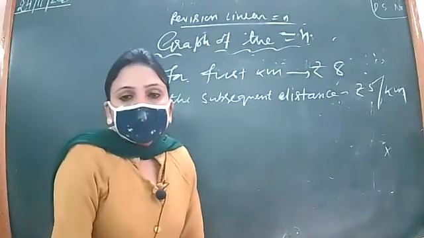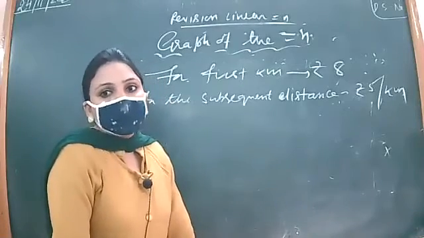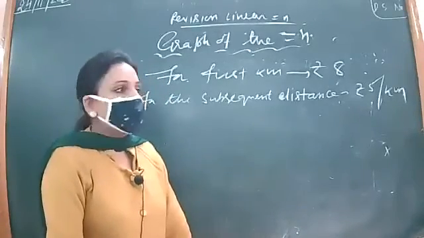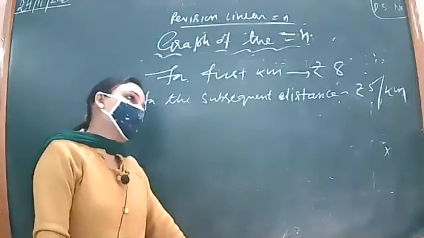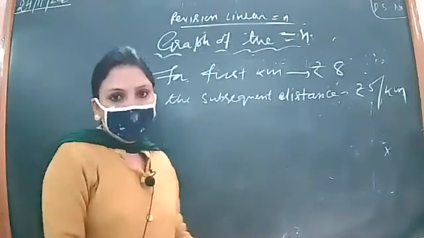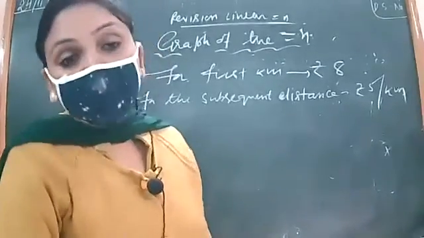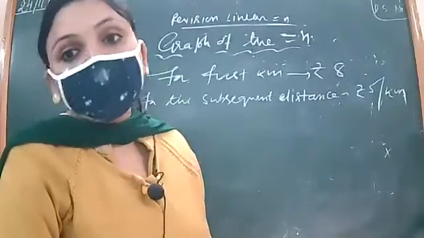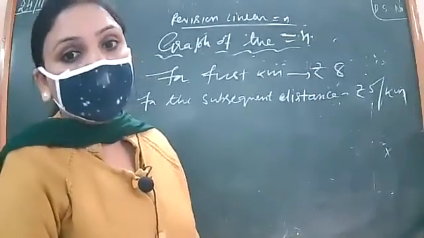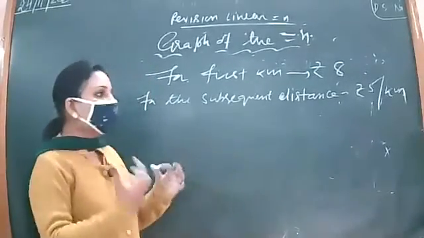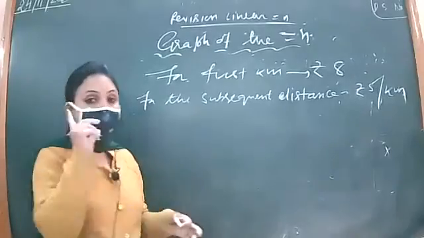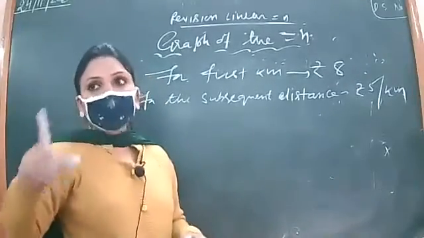Now see one thing: in this question, in the book, it is written that taking the total fare to be x and total distance to be y. No doubt it is written, but it is not sure that in the exam it will be written or not. So you have to think yourself. Let us quickly find the two things involved: one is the distance, another is the total fare.